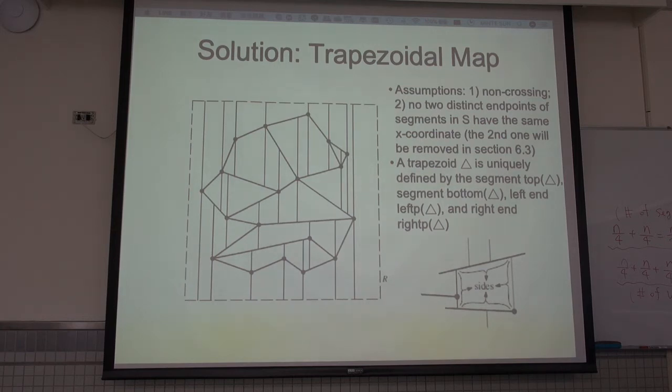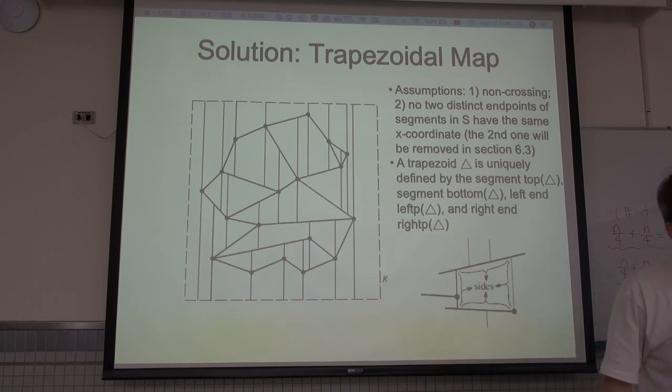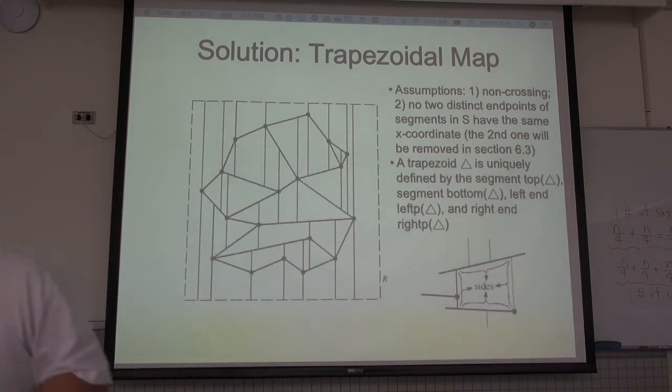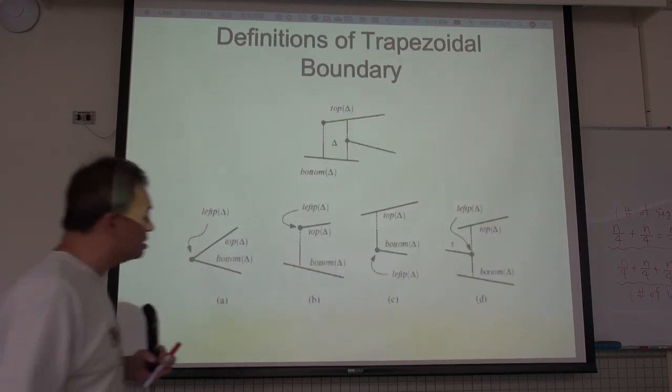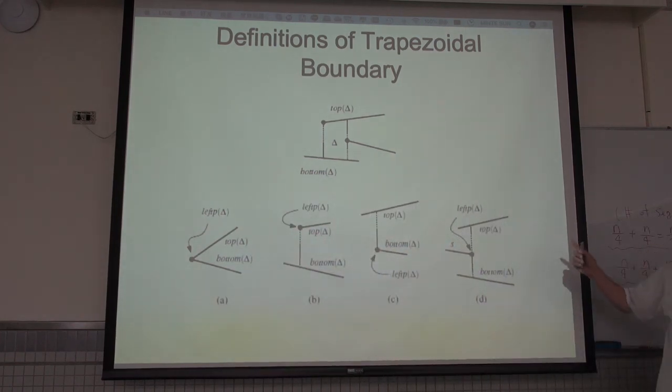So you don't need to worry about vertical line segments at this moment. We are going to cover vertical line segments later when we relax this assumption. Okay, so let's take the break. When we come back, we are going to discuss a little bit more about the trapezoid property.